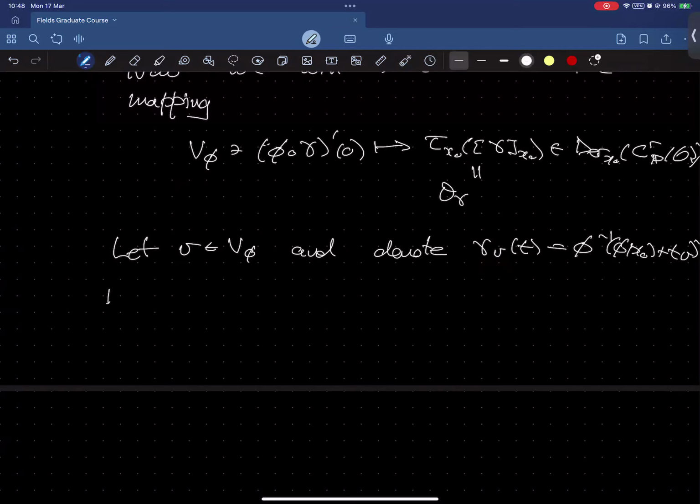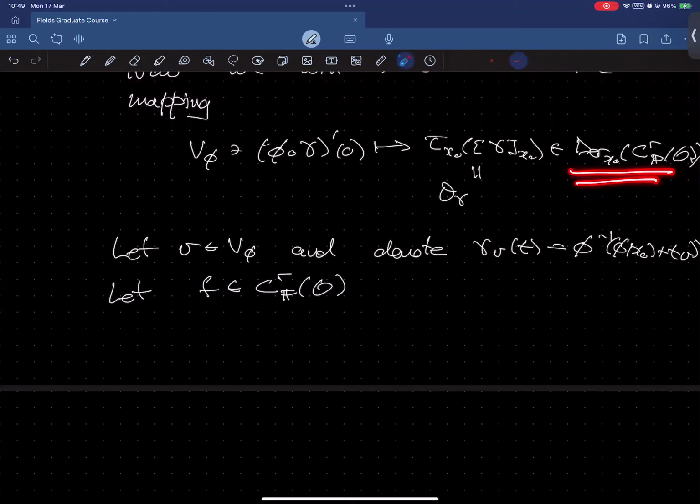I also need an f, so I'm going to fix an f. So let f be in C infinity of O, because I'm going to show linearity applied to f.